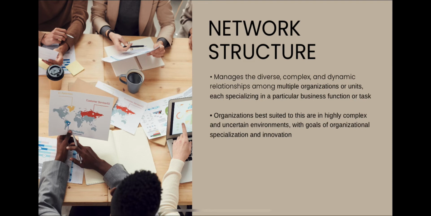The advantage of this structure is that it creates a best-of-the-best organization to focus resources on consumer and market needs. It also permits rapid global expansion, and the disadvantage is that it may give partners access to proprietary knowledge and technology.